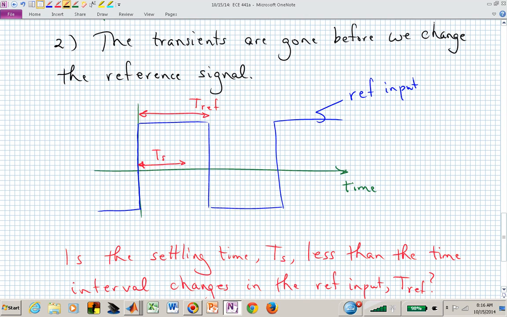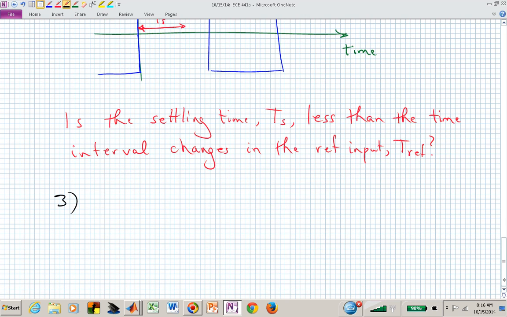If somebody says, compute the steady state error, you could now say, well, let's just assume that very first pulse width is infinitely long, and I'm going to use my final value theorem, because that's effectively the same thing as long as my settling time is less than T ref. I'll get the same answer. Is that making any sense? We're playing on this notion of infinity and how long it is.